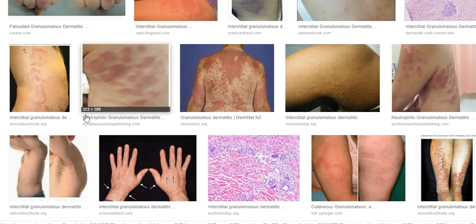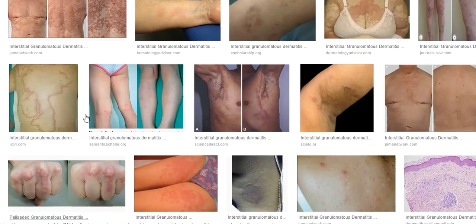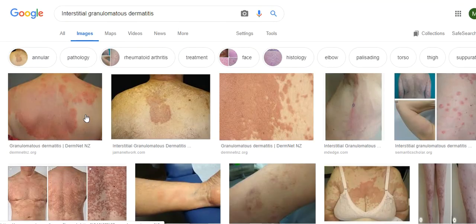So you see the variation in pictures, but the overall presentation is of a large patch or plaque, usually on the trunk. We'll lock that one out.